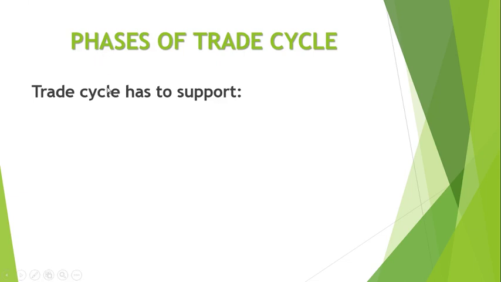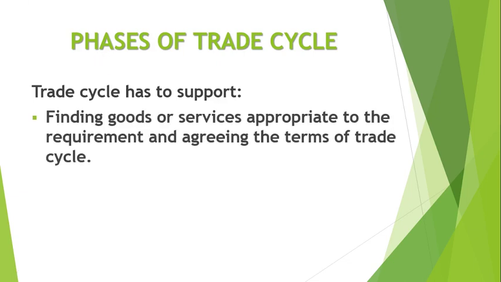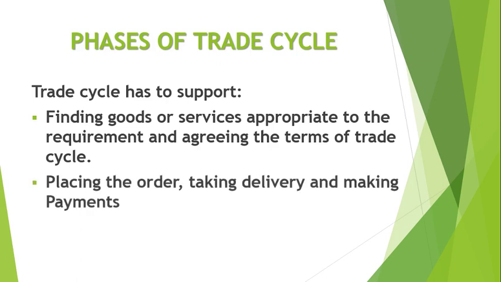First thing, let us find the goods or service that we want according to our requirement. Then we have chosen the product. We have to place the order, take the delivery, make the payments. We think that is done.